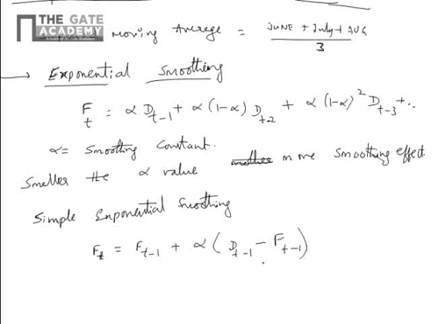F is the forecast and D is the demand. T is the time period; if T is the present month, then T minus 1 is the last month. Alpha is the smoothing coefficient or smoothing constant, where alpha equals 2 by n plus 1, and n is the number of time periods.